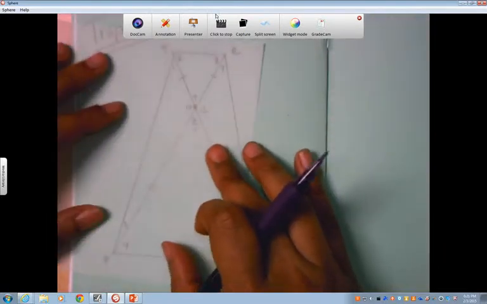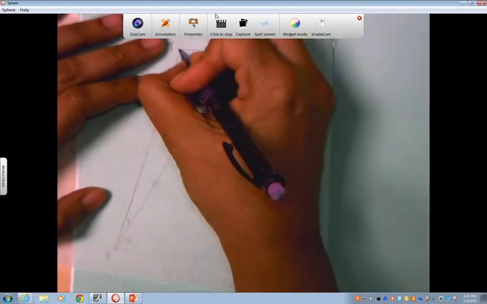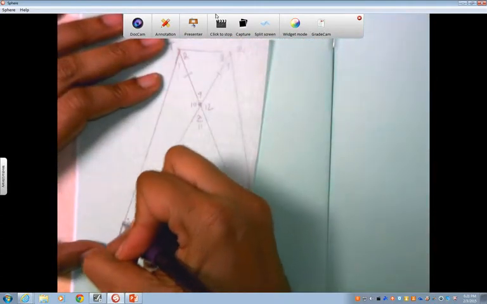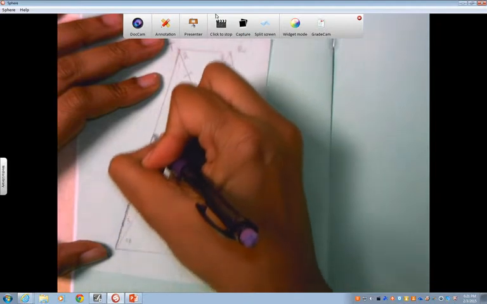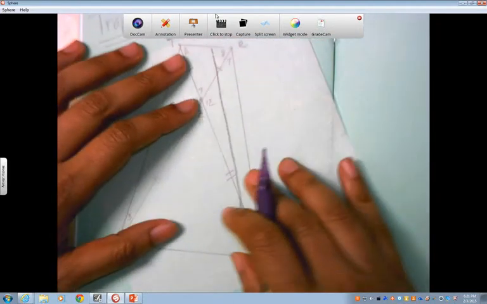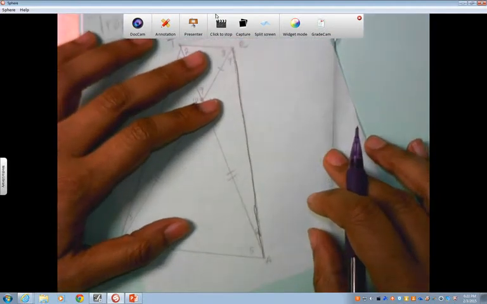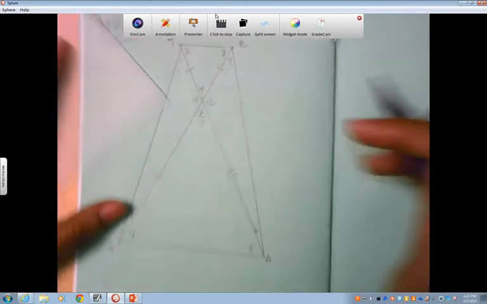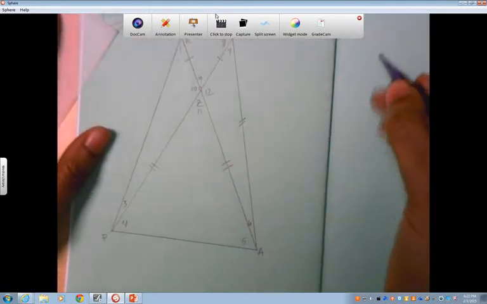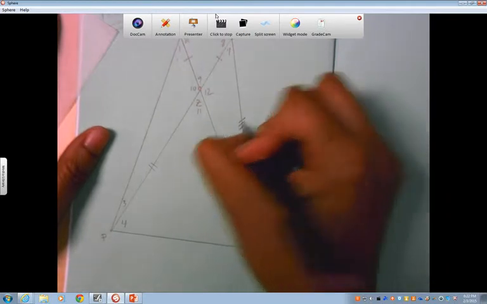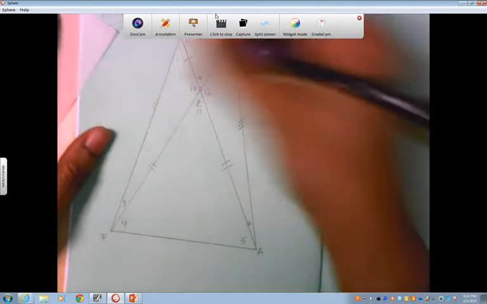If I just look at one side, that's my side TP, I'm just going to trace it. I'm hoping you see that it is congruent to side AR. So what we have constructed, I'll put 3 tick marks and 3 tick marks, is an isosceles trapezoid.